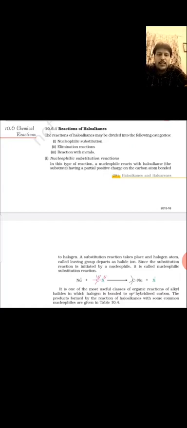In the nucleophilic substitution reaction, substitution reactions that occur with the help of nucleophiles are called nucleophilic substitution reactions. If you see the example, it's a very simple one: a strong nucleophile replaces the halogen from haloalkanes, right?